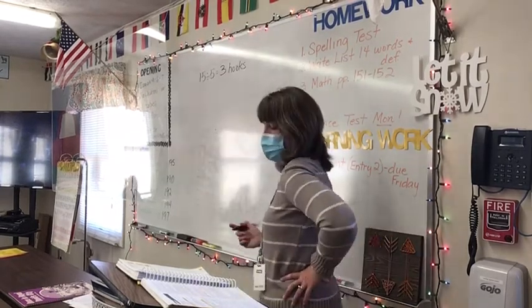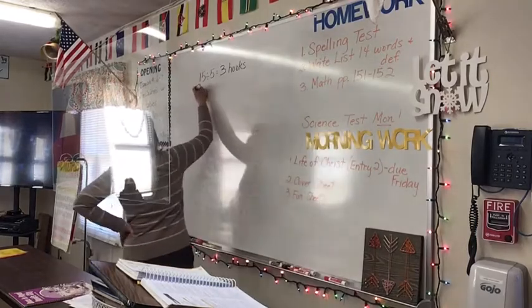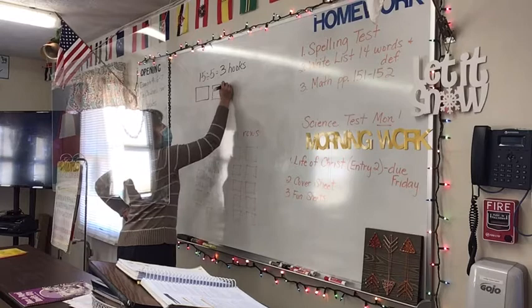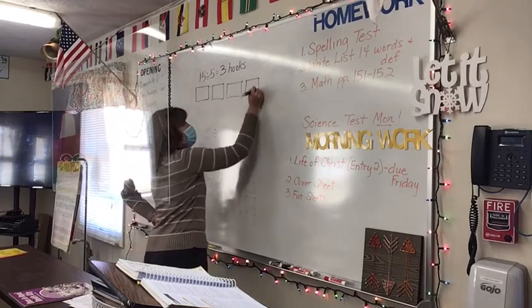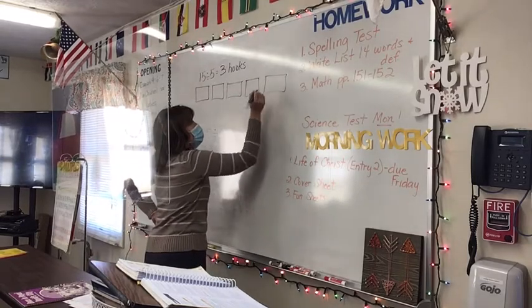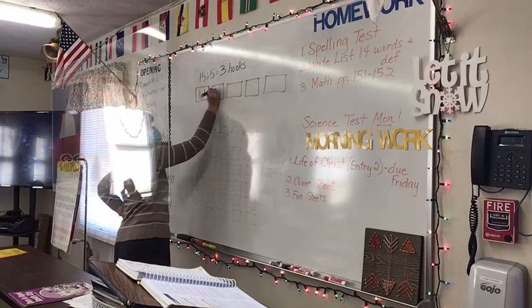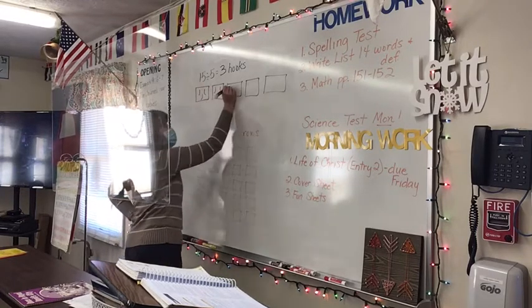Draw 5 of those. Okay, so make 5 signs. And then put 3 of them inside of them. Right, and then 3 hooks on each sign.